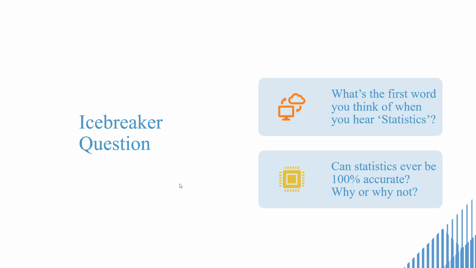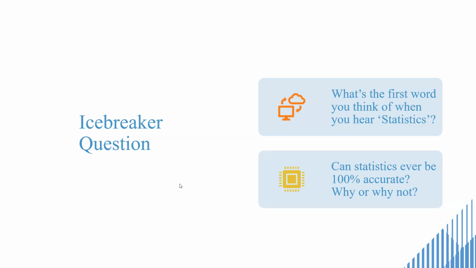No, I think it cannot be 100% accurate because statistics is based on data, samples, probability, assumptions, and many other issues, and in the middle of those data there might be some problems, errors, mistakes, and absolutely it cannot be 100% accurate. Good.